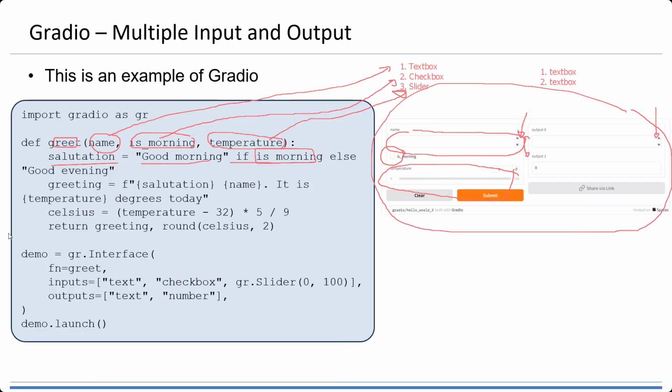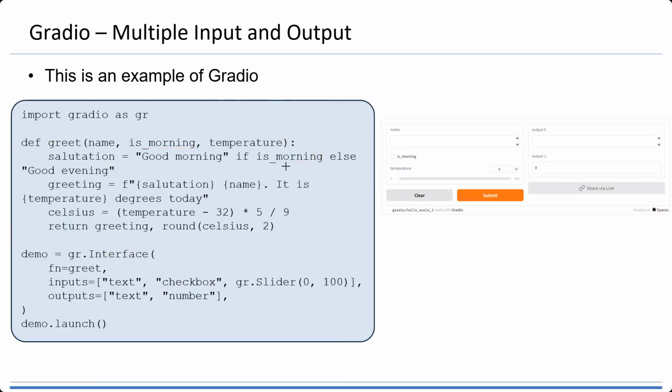What does it mean? When we click this checkbox, then it is true. If it is true, the word is good morning. If it is false or not true, then the word is good evening.